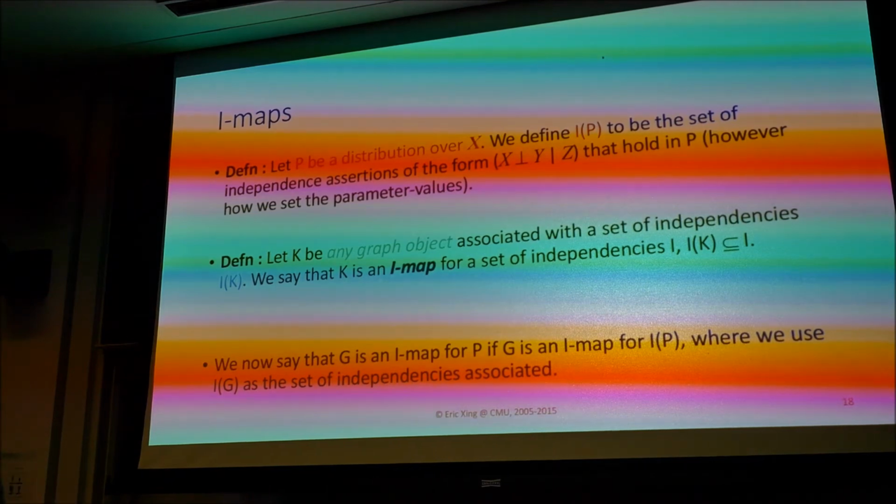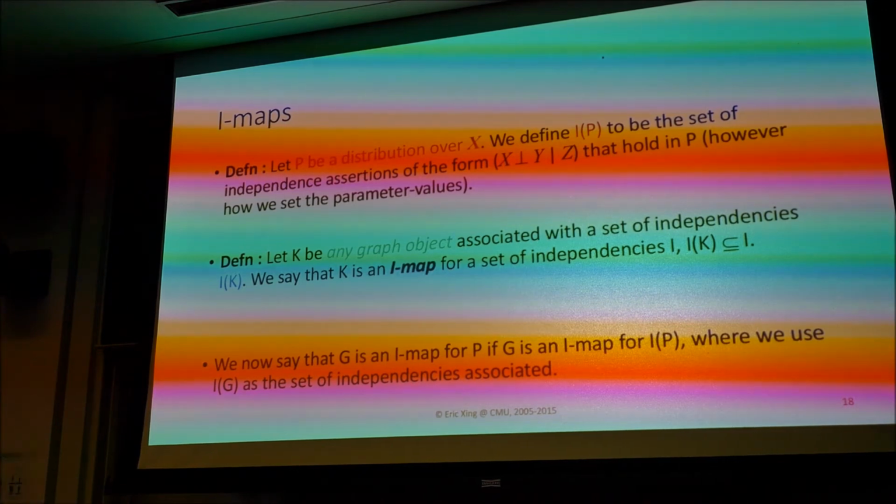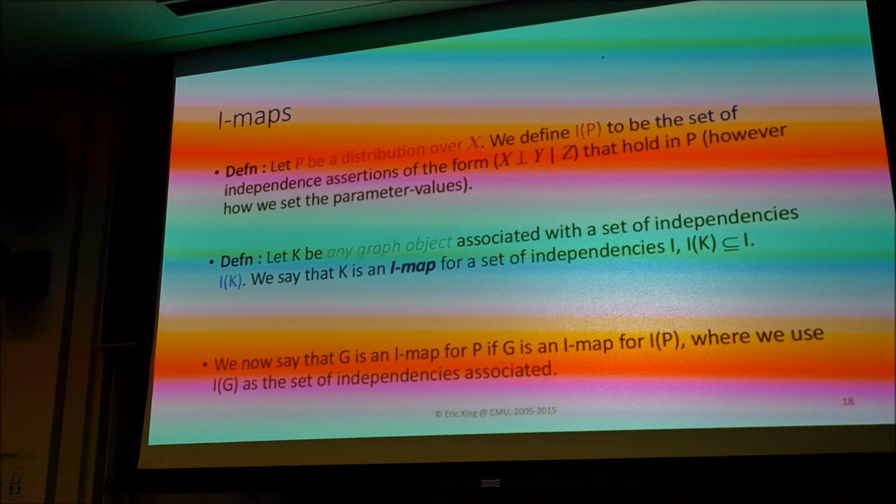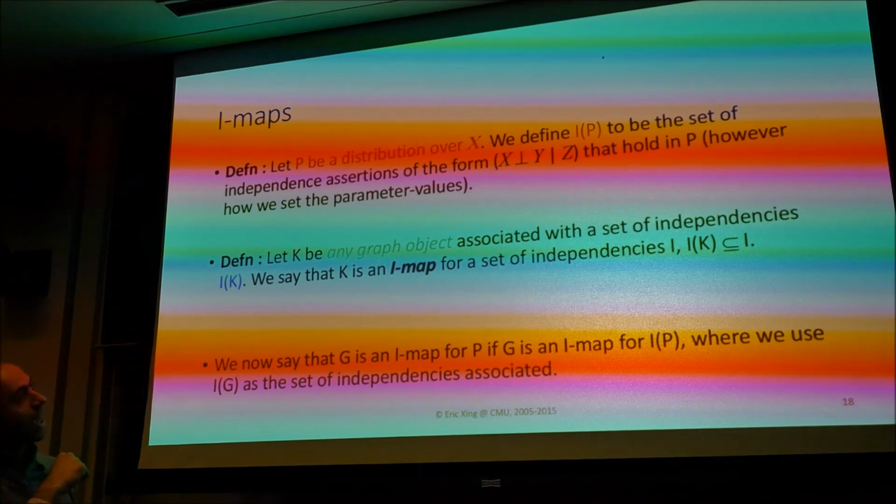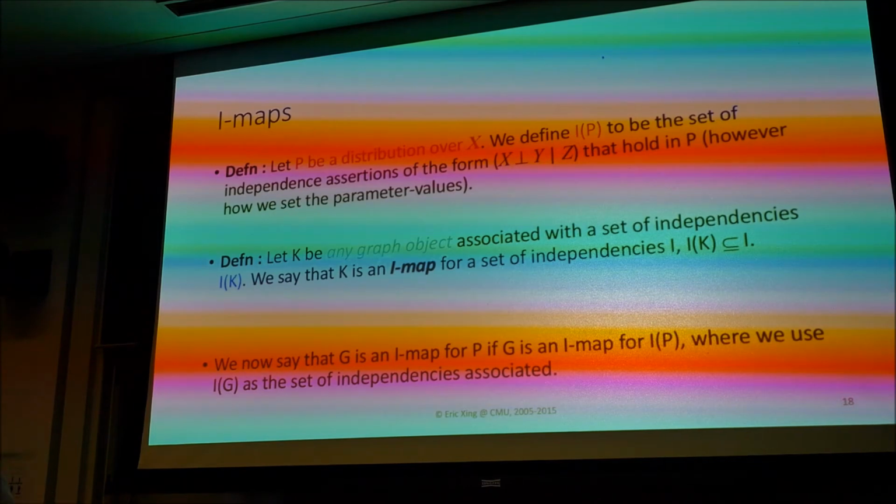The more formal definition is that if I have a probability distribution on X, where X is all of these random variables, X1, X2, X3, and so on, doesn't have to be univariate, it can be multivariate, all kinds of crazy. The I-map of the probability distribution is the set of all independences of the form X independent of Y given Z, regardless of how we set the parameters.